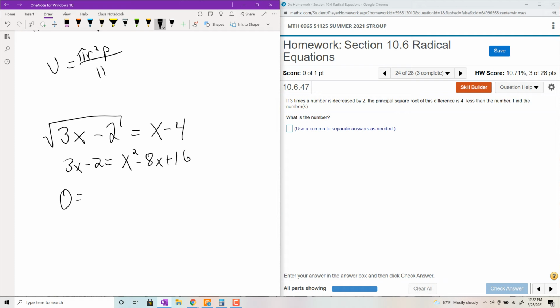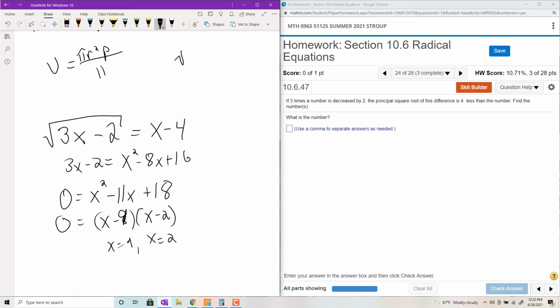Set it equal to 0. Factor. I was going to say 6 and 3, but it's 9 and 2. So x is 9, x is 2.